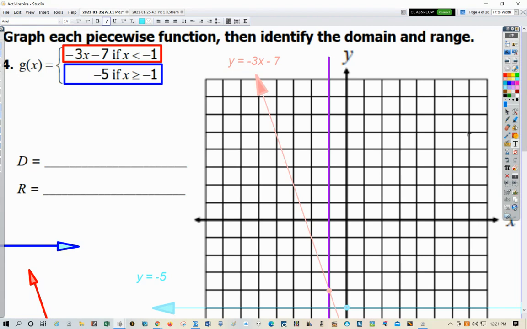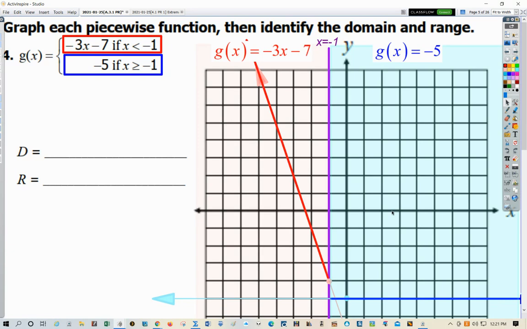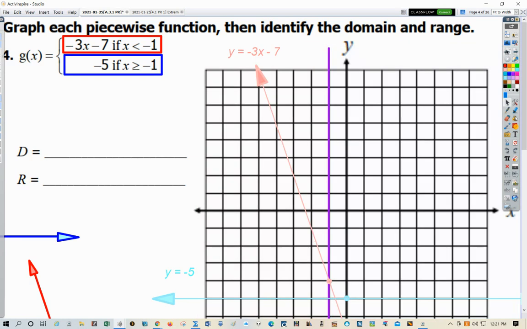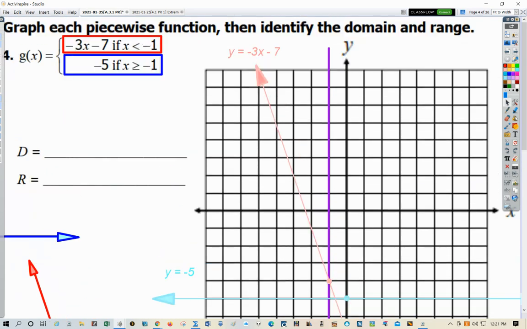Okay, and then after we graphed those, we had to go back and only keep the parts of those graphs in the red domain and the blue domain, right? Well, we could have maybe skipped this step where we graphed the entire red line that goes forever and the entire blue line that goes forever.